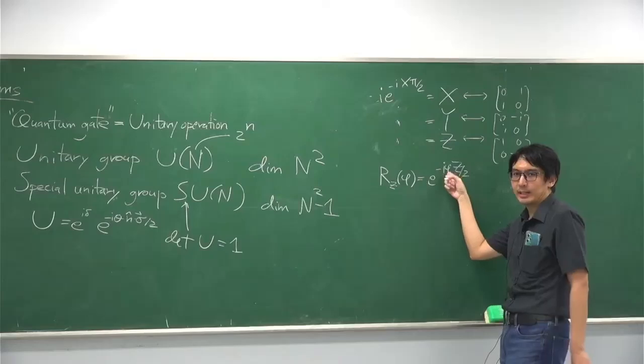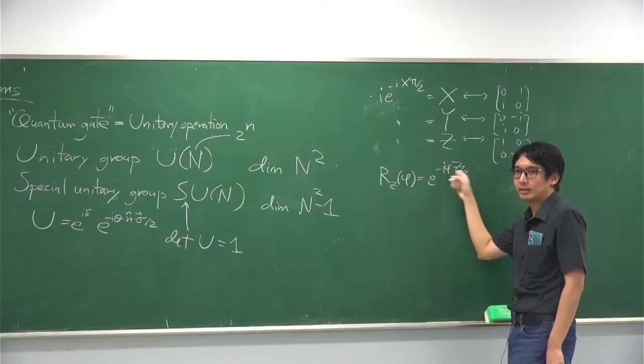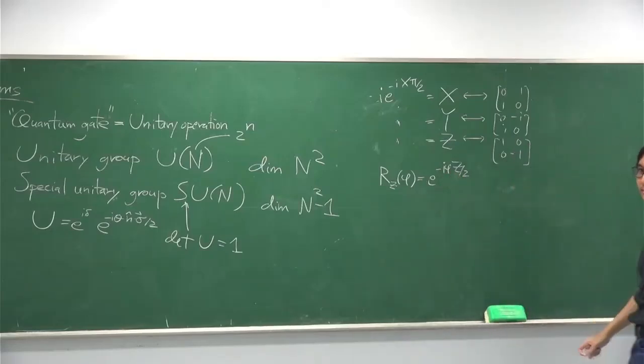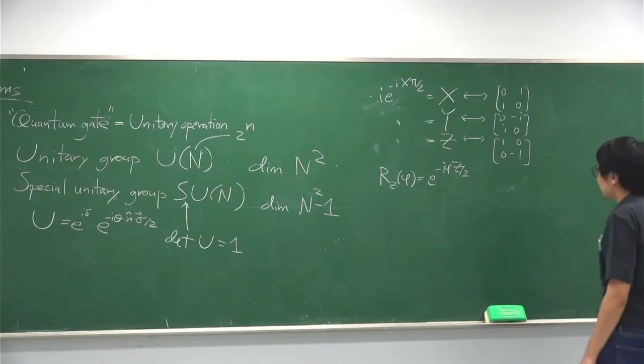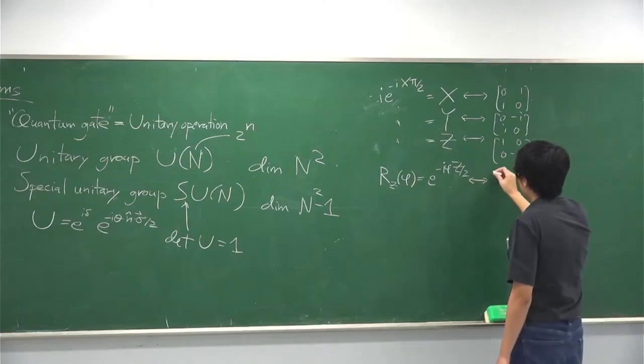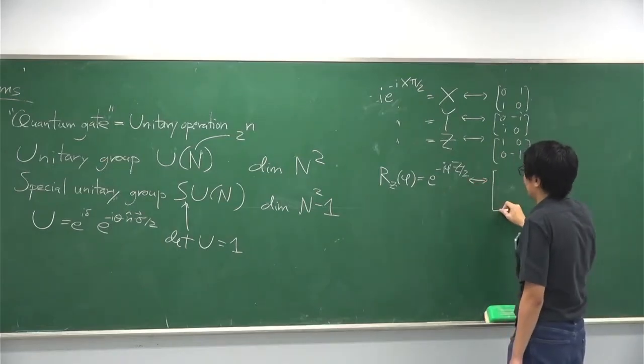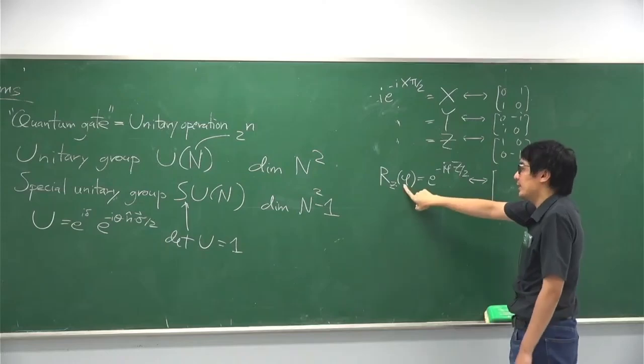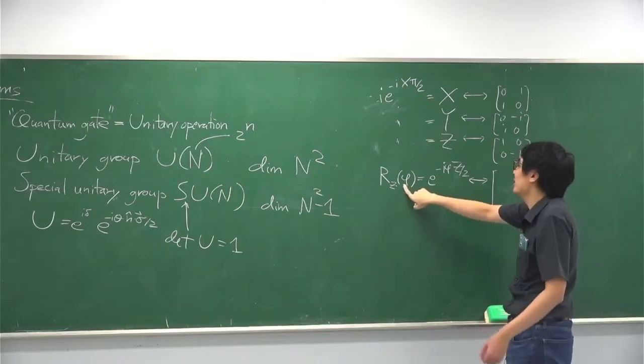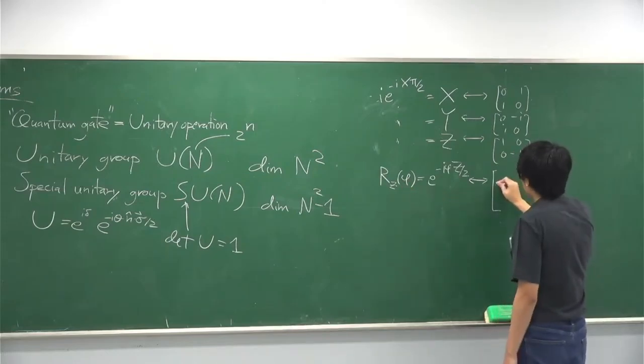So do you see why there's 1/2 here? The matrix form, so here we say that it's a rotation by phi, right? And the matrix form will be this.